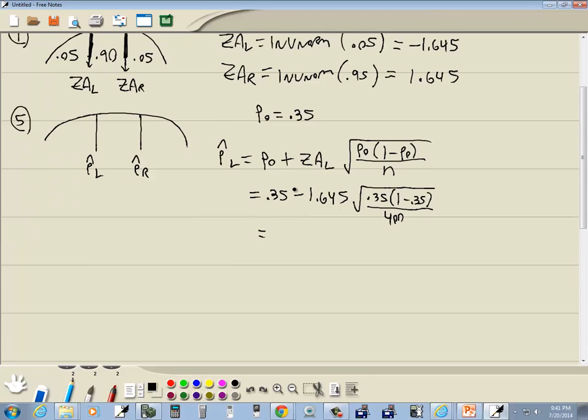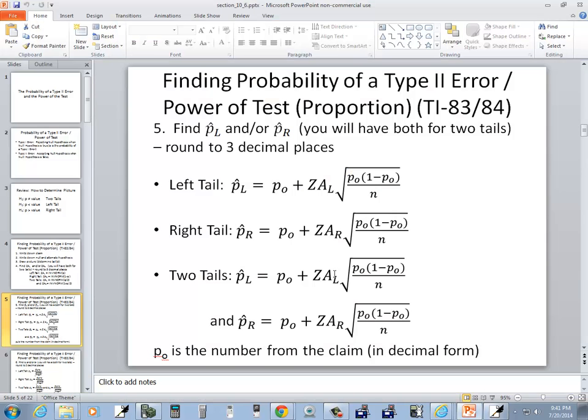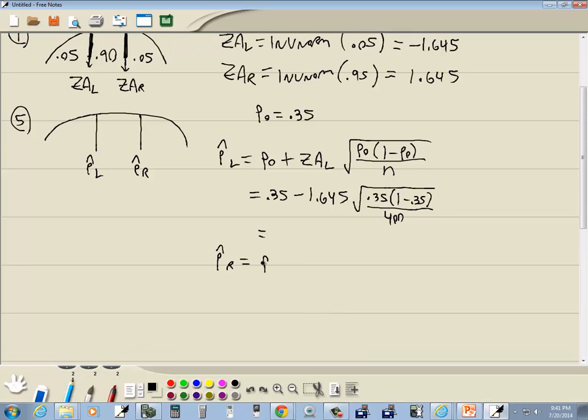Let's go ahead and write down P hat sub R. I think it's the same except for this is ZA sub R. Yeah, everything's the same. So this is P naught plus ZA sub R square root of P naught times 1 minus P naught over N. So we'll have 0.35 plus ZA sub R, which was 1.645.